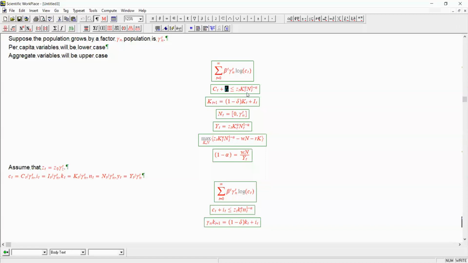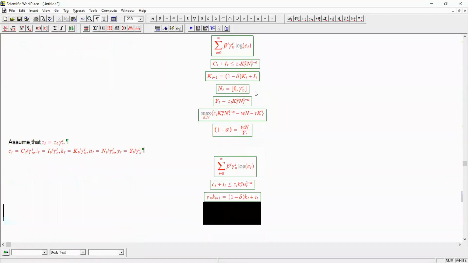But if investment trends downwards, that's going to be a drag on growth here. Similarly, if consumption trends downwards, investment would trend upwards, and that would make this explode. So what it means is that whatever the growth rate of output is, consumption and investment are going to have to share that same growth rate, at least in the long run.